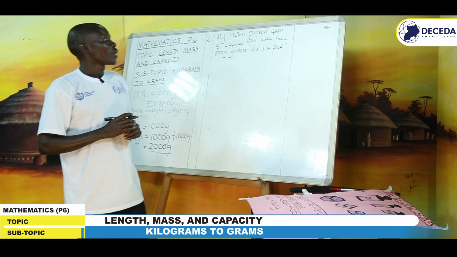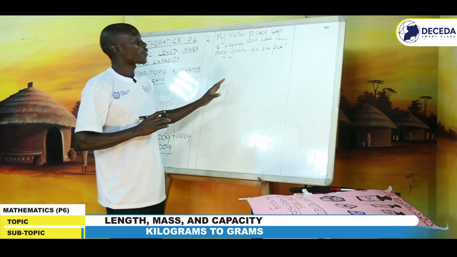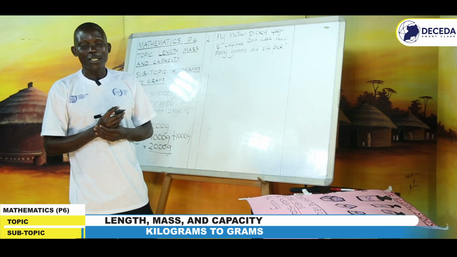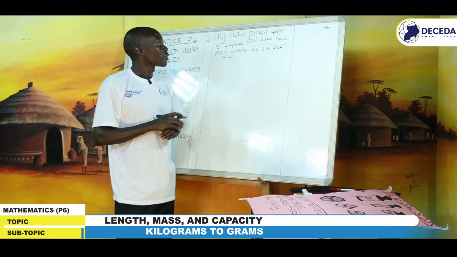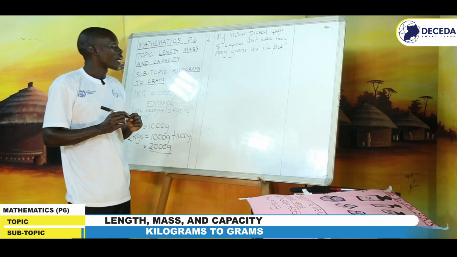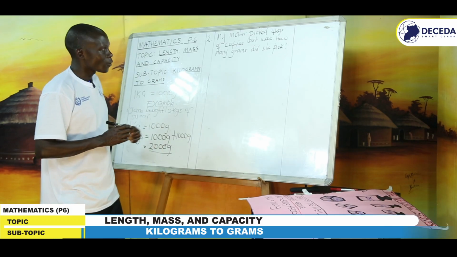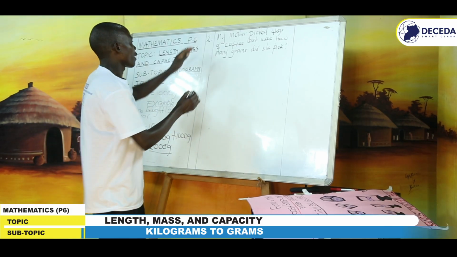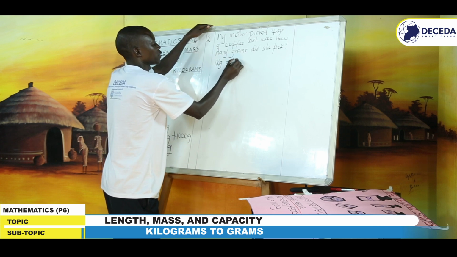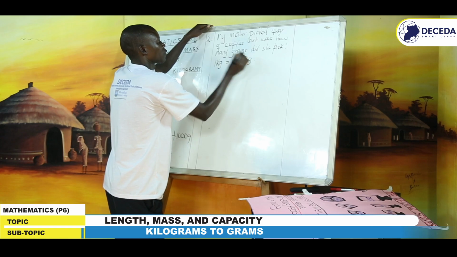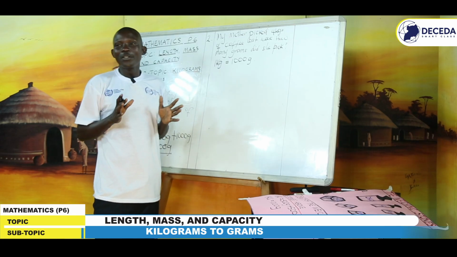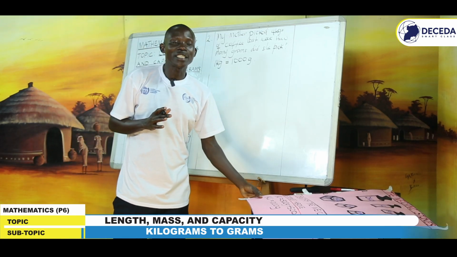Now, I know you are now thinking of how many grams my mother picked last week. Now, remember, we now know that a kilogram is the same as 1,000 grams. There is our standard unit now, because the weights will not change.